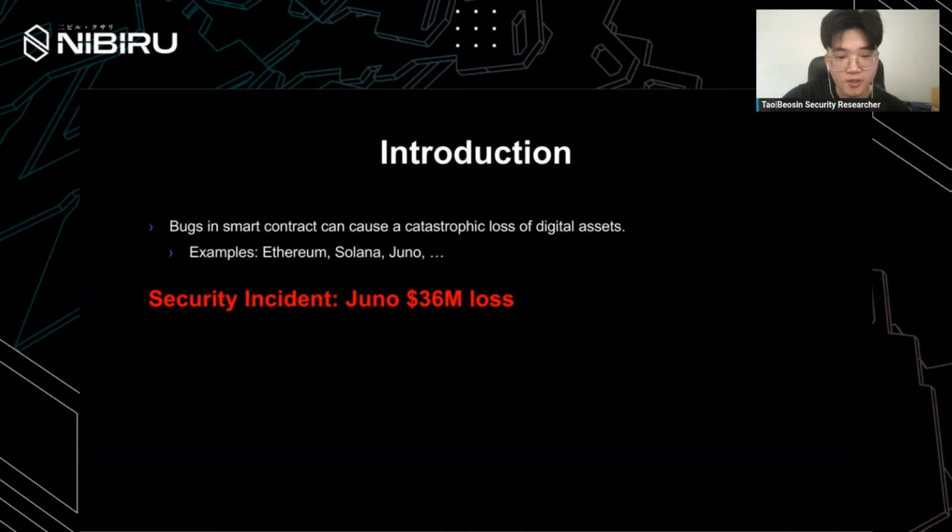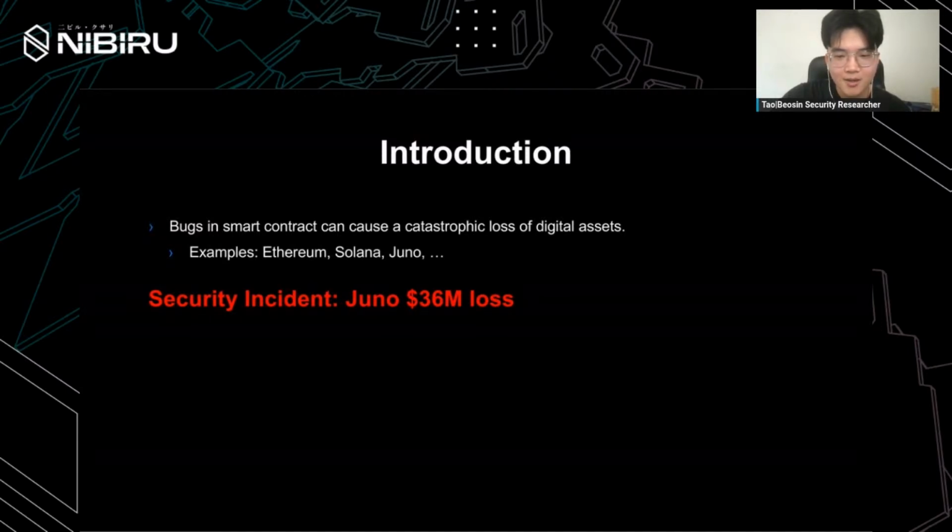Here is the example of the Juno incident. There was a loss of $36 million simply because the Juno tokens were transferred to a wrong, malicious address.